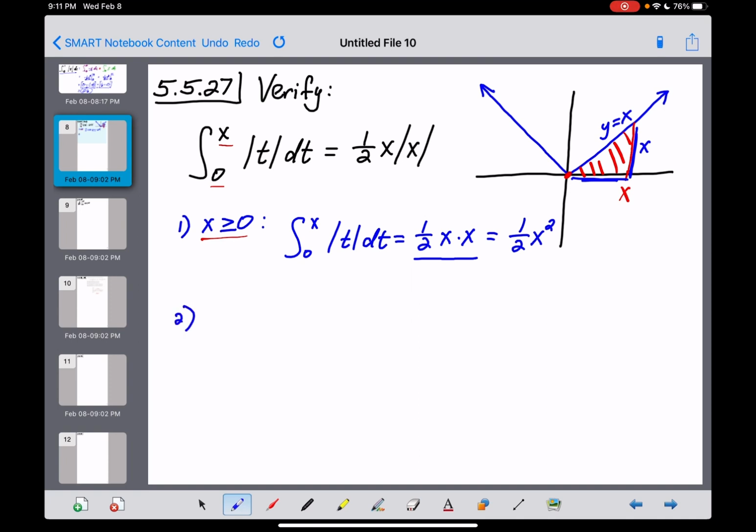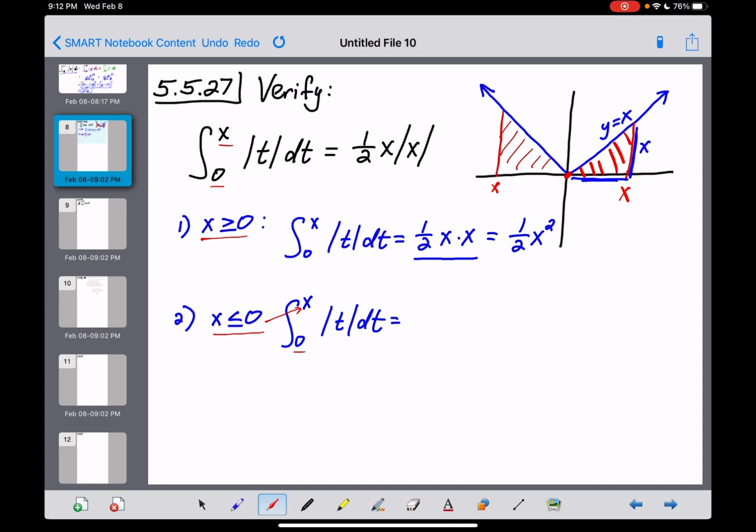That's probably the easier part. The second part here is what happens when x is less than or equal to 0. That means that now we're considering some negative value over here for x. So we're looking at this region right here, but what I notice right away is we'd be taking the integral from 0 to x of the absolute value of t dt. Now, in this case, the weird thing is that since x is a negative number, your upper limit of integration is actually smaller than your lower limit of integration.